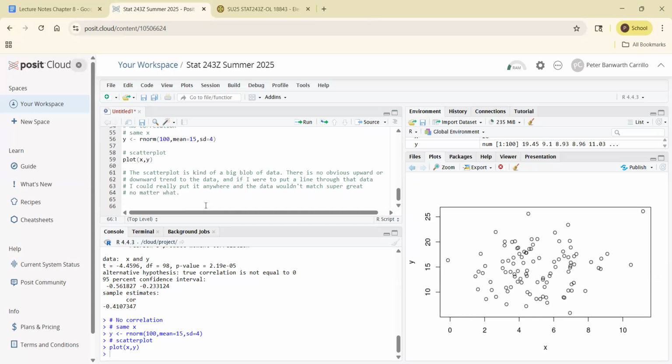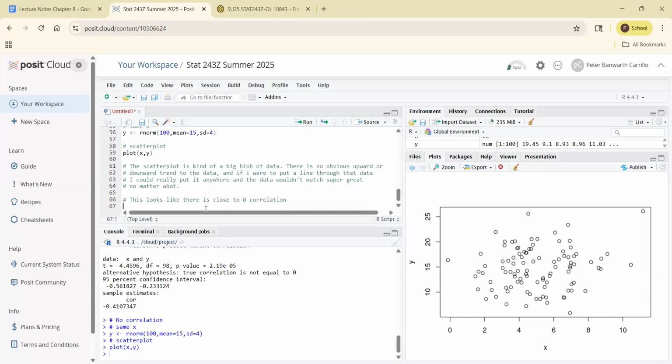So I'm going to say this looks like there is zero correlation or close to zero. Let's take a look.